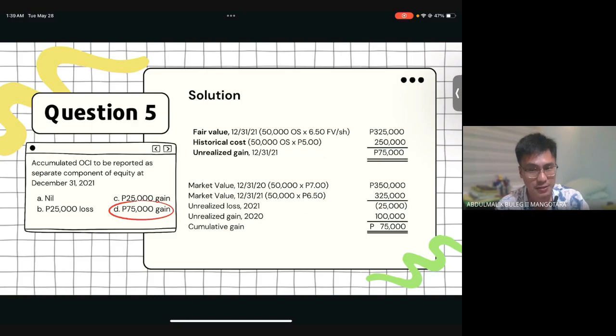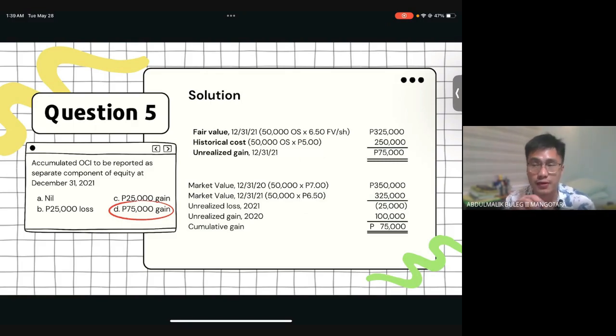So the 25,000 unrealized loss shall also be presented in 2021 comprehensive income. By adding the unrealized gain of 100,000 pesos and the unrealized loss in 2021, 25,000, we obtain a cumulative unrealized gain of 75,000, which shall be reported in 2021 in changes in equity.